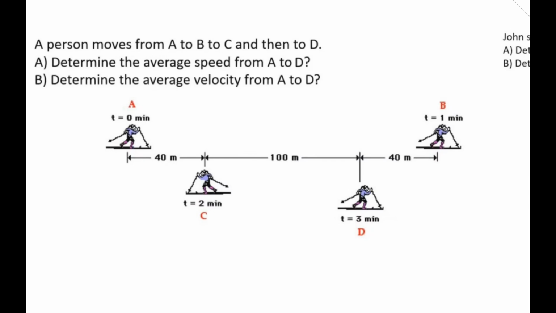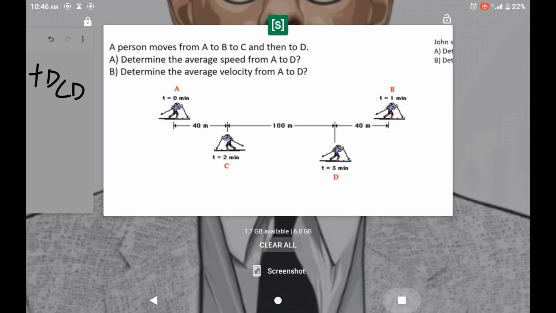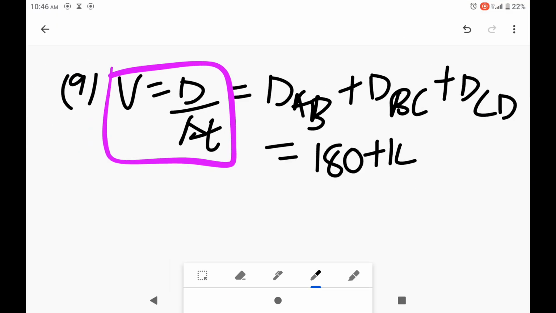Look, we got the distance from B to C is 100 plus 40, which is 140. And we need the distance from CD.